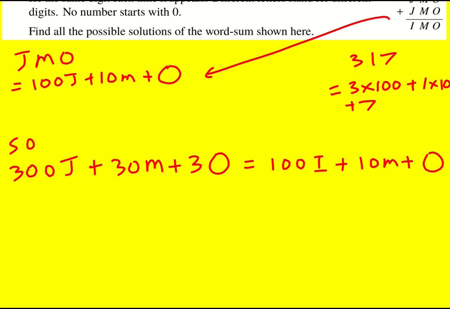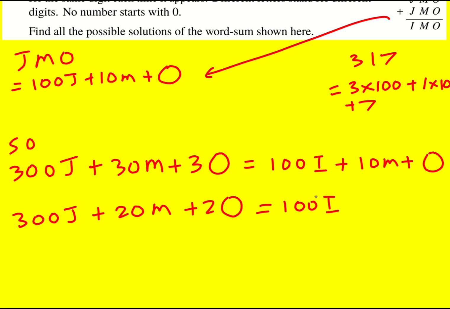So what we can do first of all is rearrange: 300J, and then I can minus 10M, so plus 20M plus 2O is equal to 100I. I'm going to divide through by 2. Okay, that's looking a bit better.